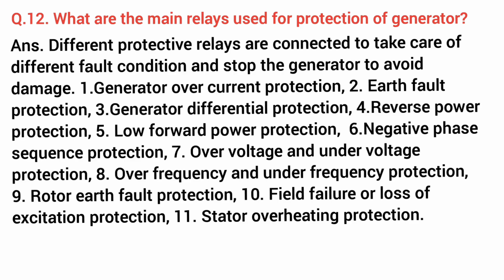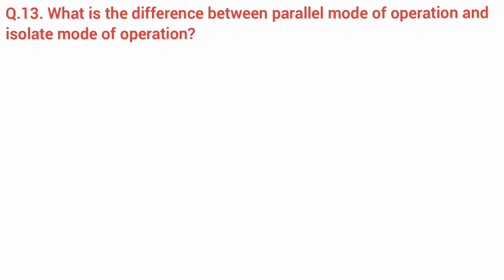Over voltage and under voltage protection. 8. Over frequency and under frequency protection. 9. Rotor earth fault protection. 10. Field failure or loss of excitation protection. 11. Stator overheating protection.